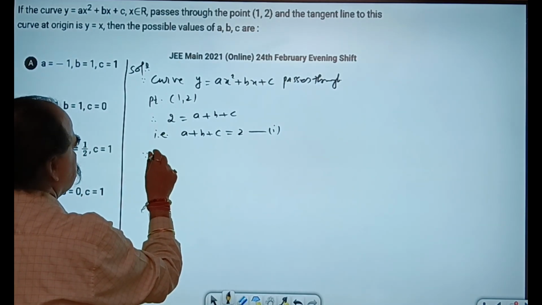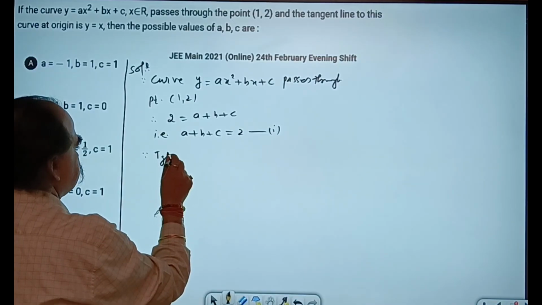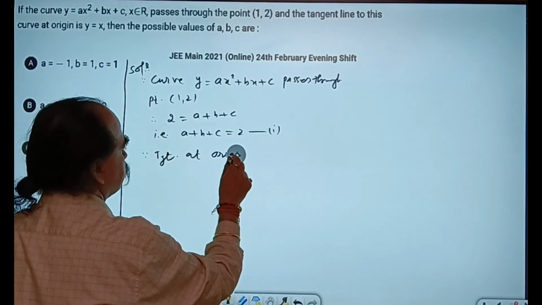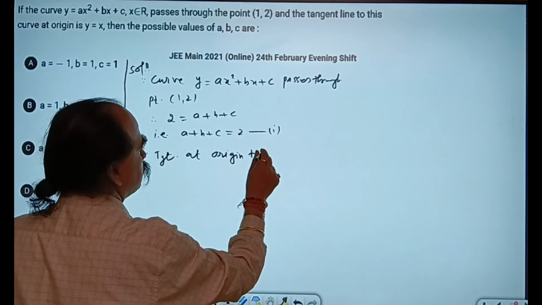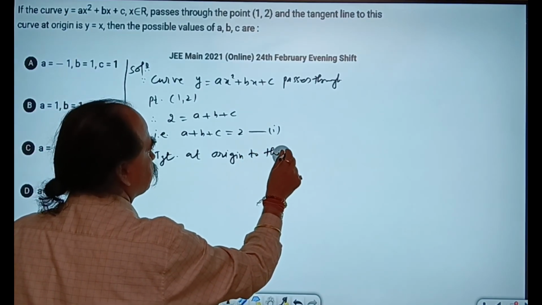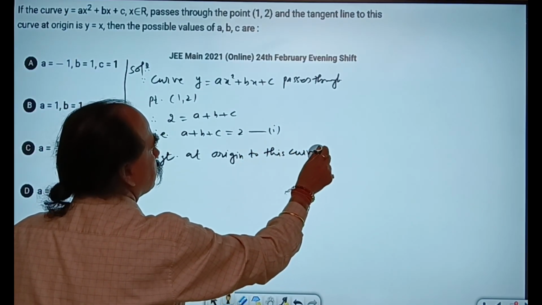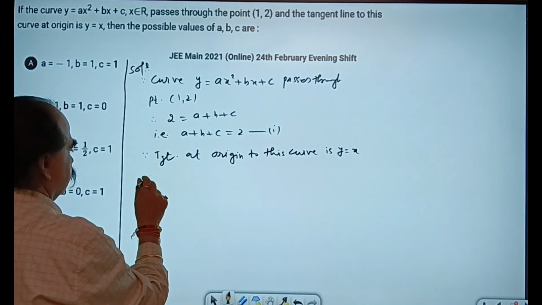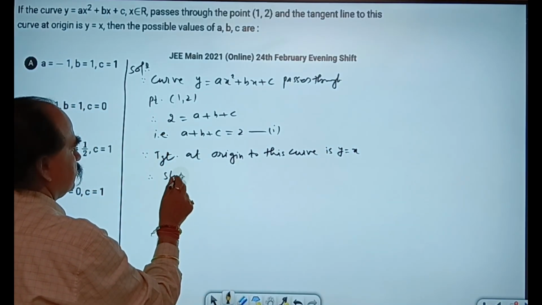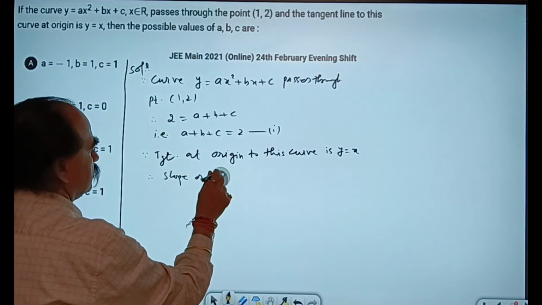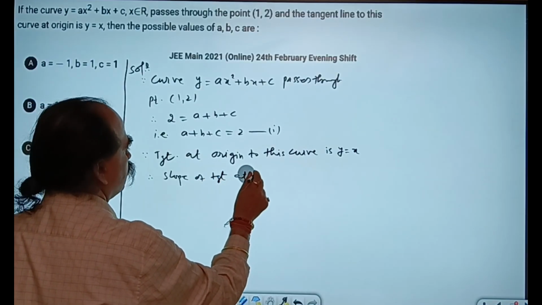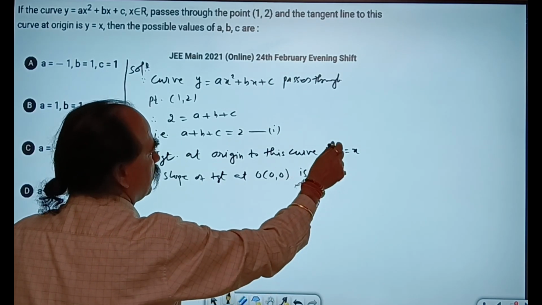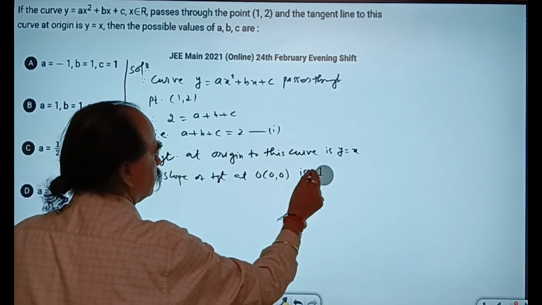Since tangent at origin to this curve is y is equal to x, so slope of tangent at 0, 0 is, slope of this line is what? 1.